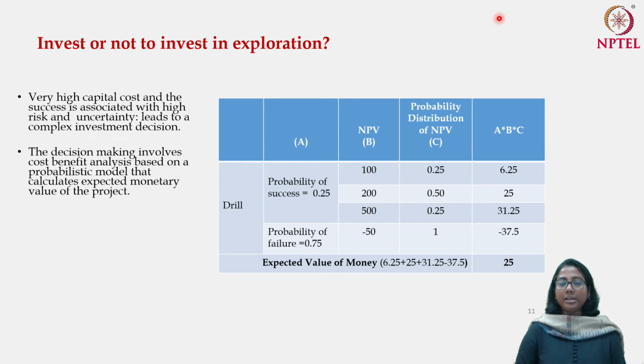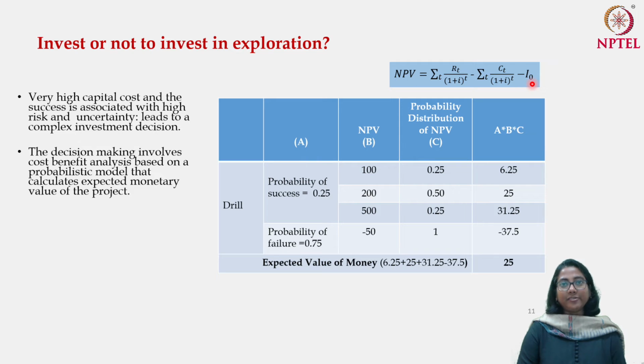This will be clearer if we go by a small exercise with a few numbers where we can look at it. Before that, a quick recap about the net present value. This was the formula of net present value, where Rt by (1 plus i) to the power t is the present value of the revenue stream, and Ct by (1 plus i) to the power t, summed over t, is the present value of the cost stream.